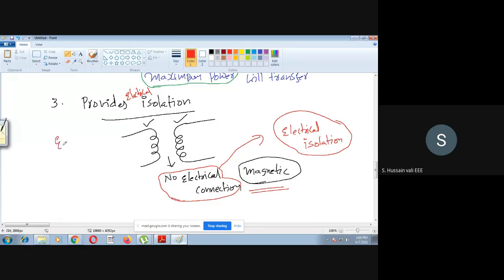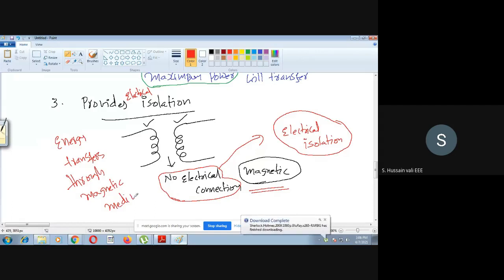I will write that also here: the energy transfers through a magnetic medium, not through an electrical medium. That's important. So between primary and secondary you don't have any electrical connection. How is it advantageous if you don't have any electrical connection?